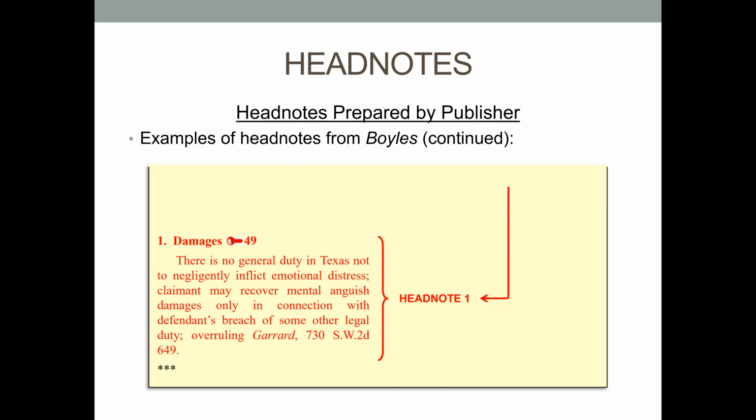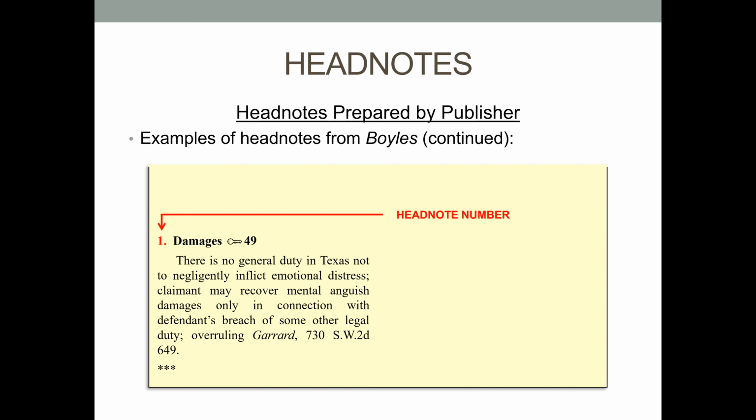So this entire paragraph, including its boldface heading, constitutes the head note. And this is the first head note. And West, when it lists head notes at the beginning of a case, will number them consecutively. So this is number 1.